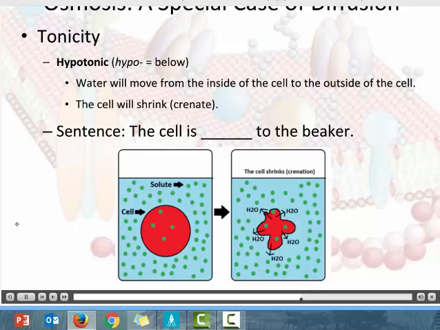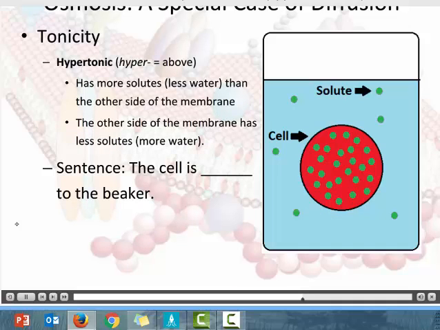The flip side of hypotonic is hypertonic. Hyper means above, so hypertonic means that you have more solutes than the other side of the membrane. So if our cell is hypertonic to the solution, that means our cell has more solutes than the other side of the membrane.